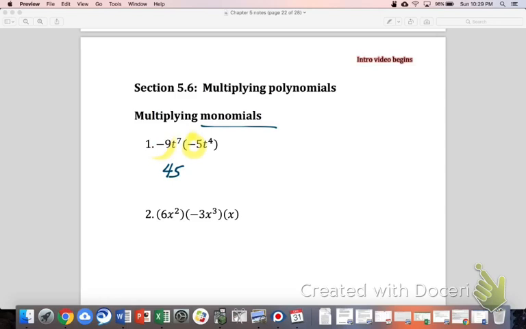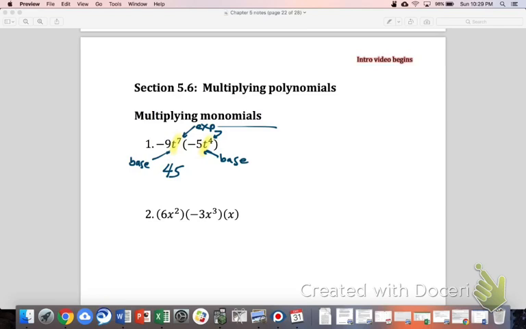I'll get rid of these highlights here, and now let's focus on the other two factors, the t to the 7th and the t to the 4th. Of course we want to correctly identify that that t is a base and the 7 is an exponent, and this t over here is also a base and the 4 is also an exponent.